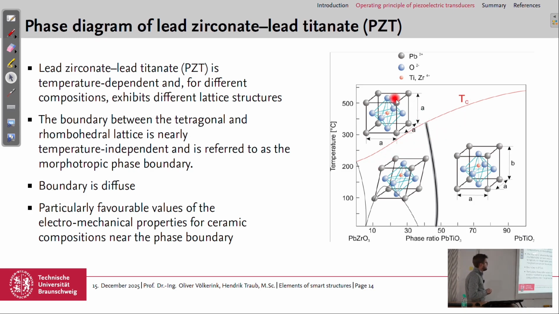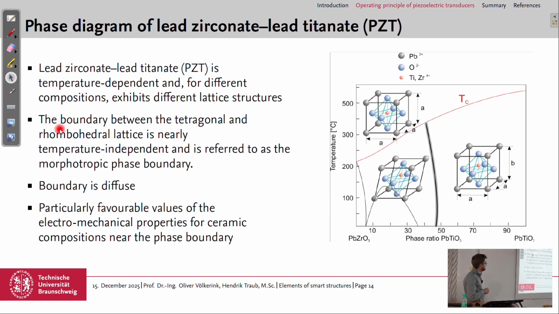If we cool down the material, then it changes to a rhombohedral or a tetragonal lattice. These two then have the piezoelectric effect. The cubic lattice does not have the piezoelectric effect. And the boundary between these two lattices depends on the composition of the material.